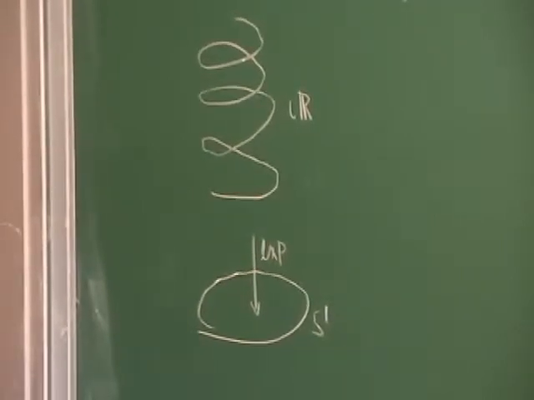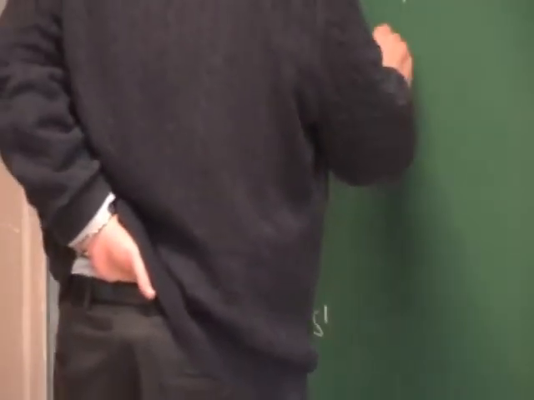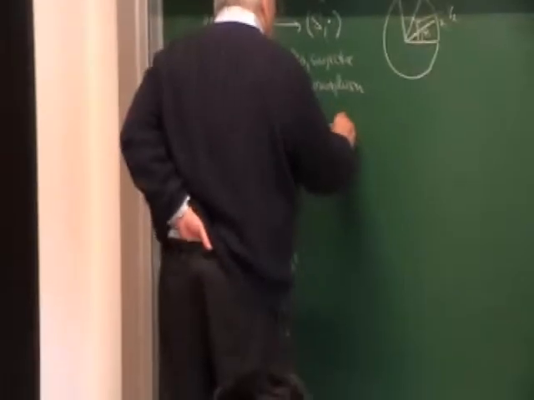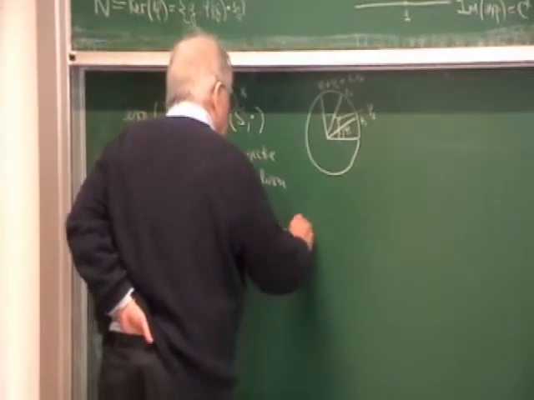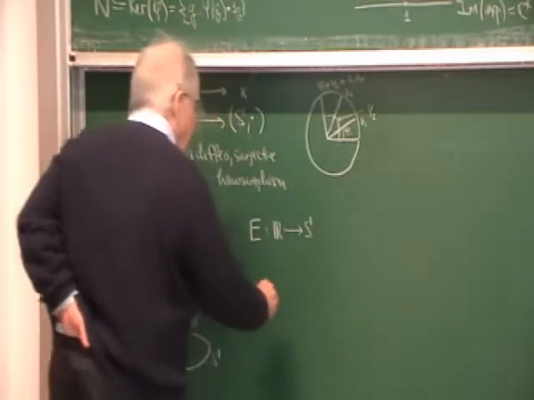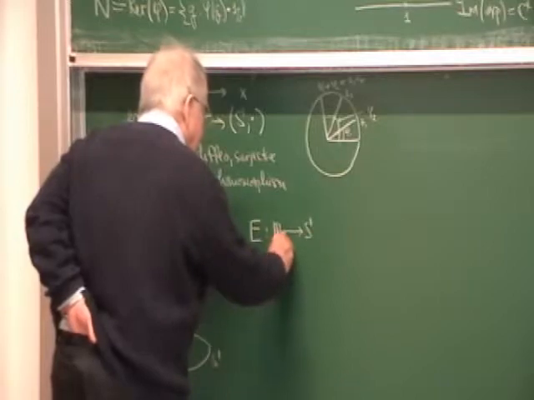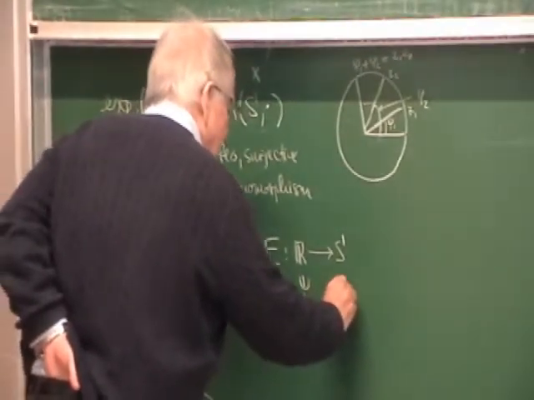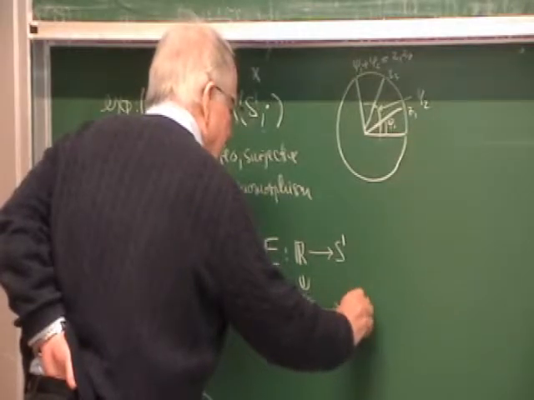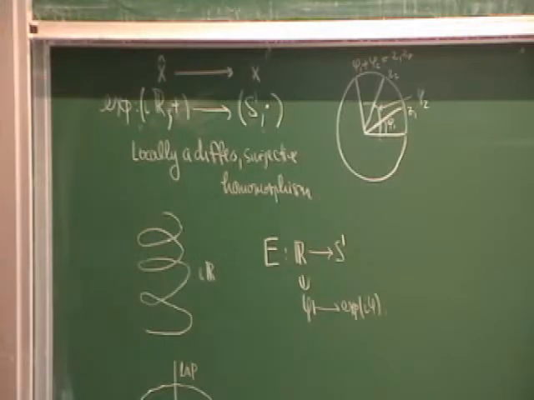Now, I define a map, which I call E maybe, from R to S1. And now this is really what you learn in high school. That is called phi, and this goes to X of i phi. Right?